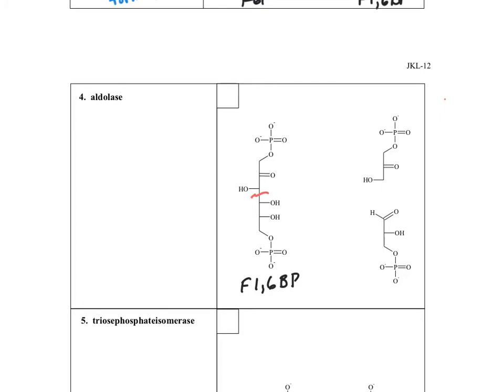As you can see, the break is going to happen on a carbon-carbon bond between carbon 3 and carbon 4. Now, we haven't done that before, but it is something that happens. I'm going to go ahead and make that a double directional arrow because this is a completely reversible reaction. Now, what do we need to say about this?